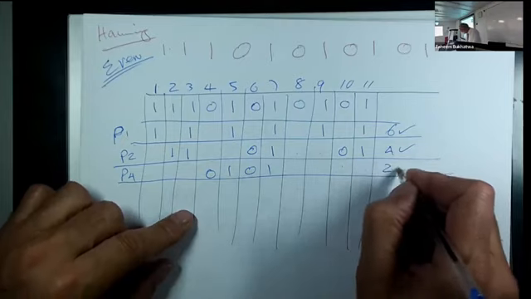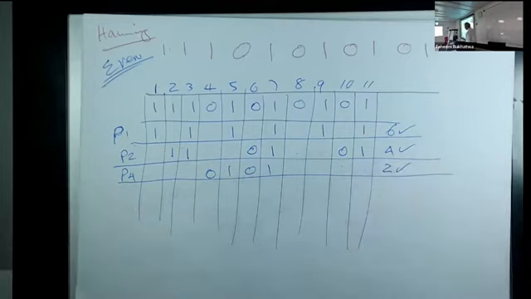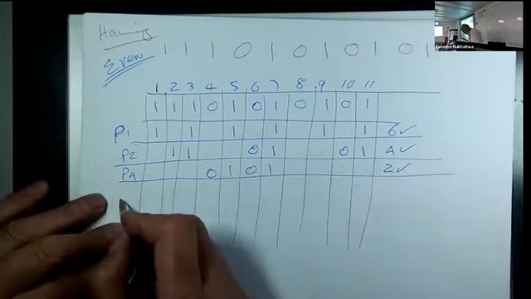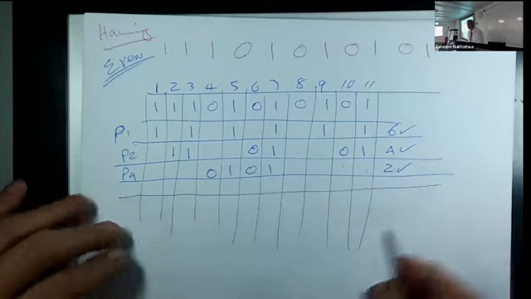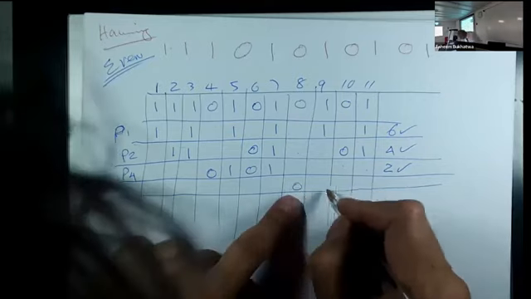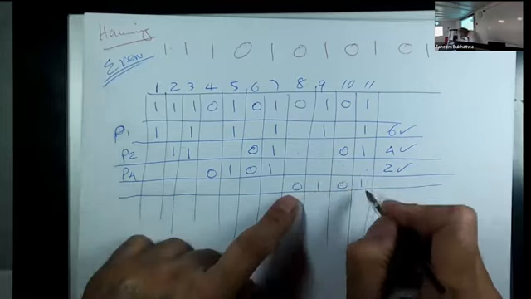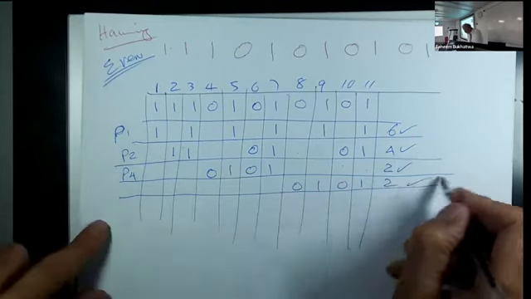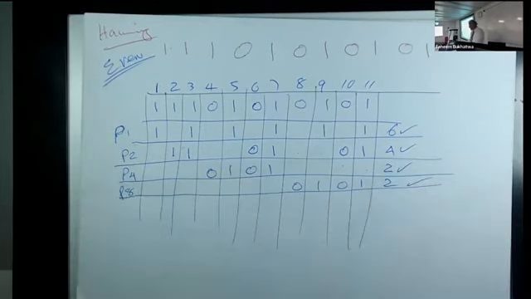No, there are 2 bits that have the value 1, and there is no error. Now, who's going to help me with parity 8? 8, 9, 10, 11. And no problem. So, there are no errors in anything.